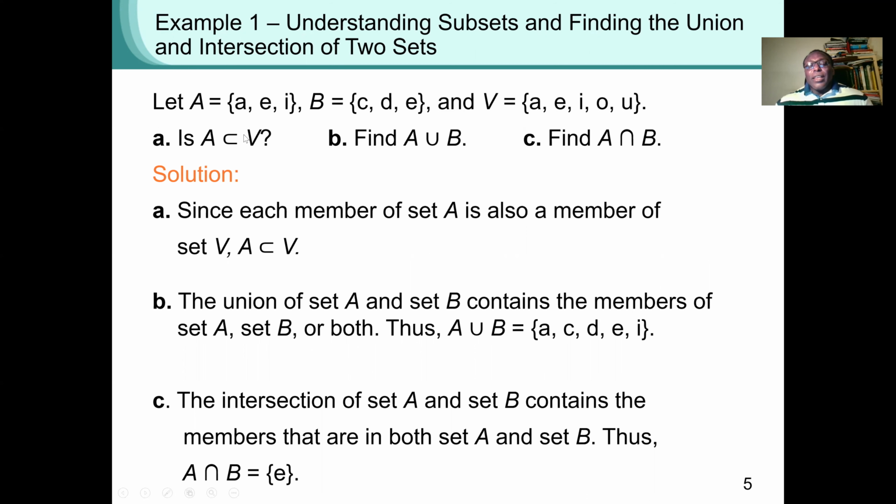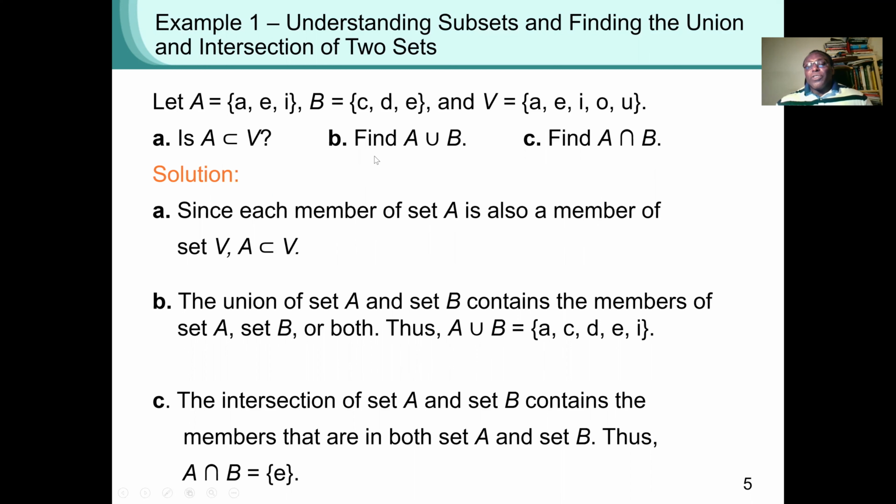Well, I will look at A. We have a, e, i. In order for A to be a subset of V, all the elements in A have to be in V also. And yes, we have a, e, i also. So our answer will be true. Since each member of set A is also a member of set V, then A is a subset of V.